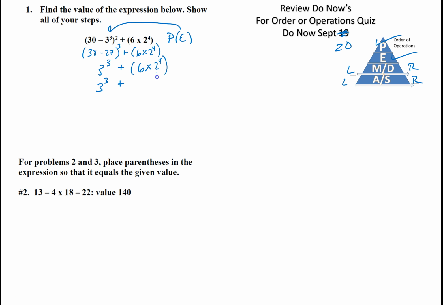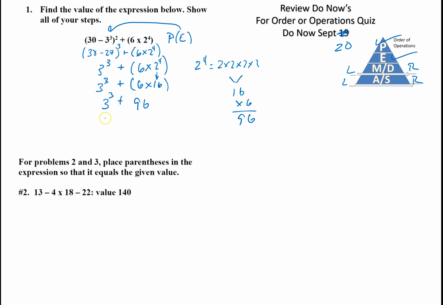And I need to do the parentheses, the exponents here. 2 to the 4th power is 2 times 2 times 2 times 2. I think we said that was 16. So 6 times 16, I'll multiply that by 16, by 6, 36, 96. So I get 96 plus 3 to the 3rd power.